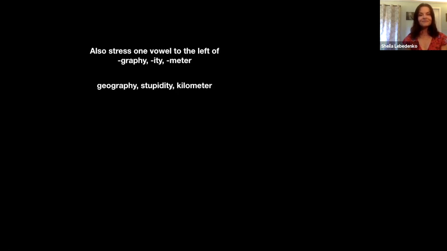So geography, stupidity, kilometer. Okay, so if graphy is the suffix and we want to stress one vowel to the left of it, and actually graphy is not going to sound like graphy, it's going to be reduced to gruffy, but which vowel is one to the left of gruffy?